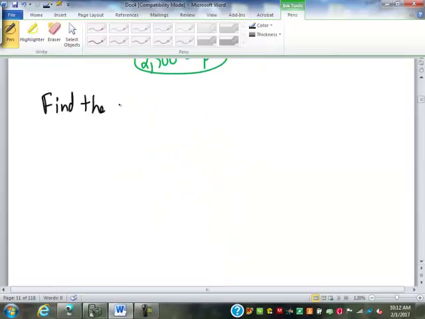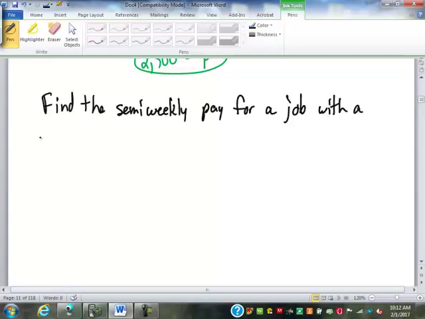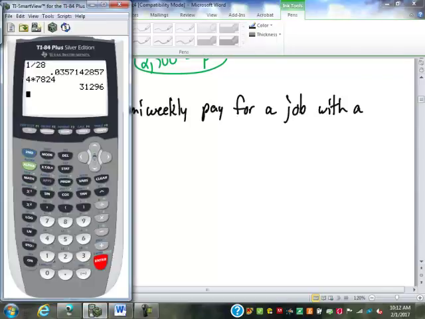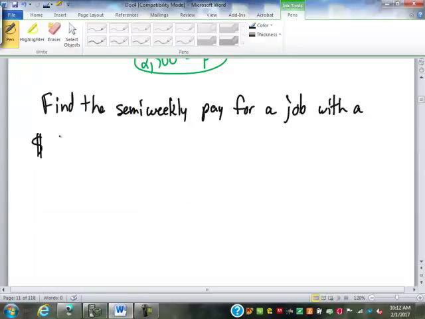So then find the bi-weekly pay for a job with a $57,200 annual salary.